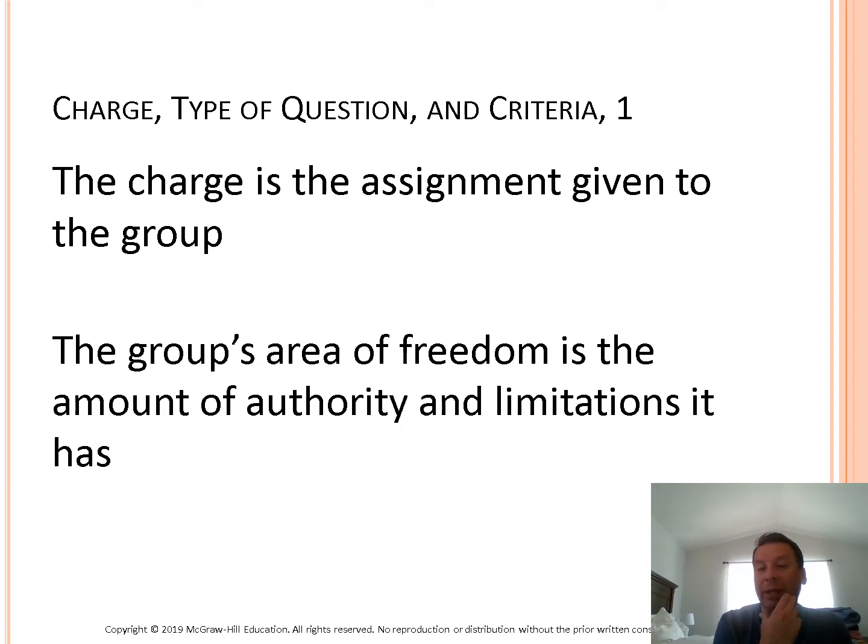So think of the idea, let's say you're at work and we're facing the problem of low morale. And so your boss, the CEO of the company or the manager, the owner, whatever, gives you and four other people, so you're a group of five, says, we have low morale.